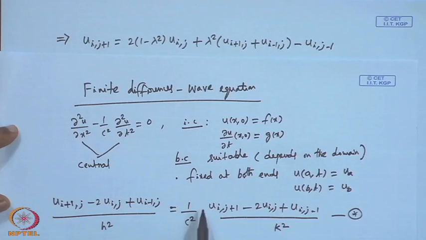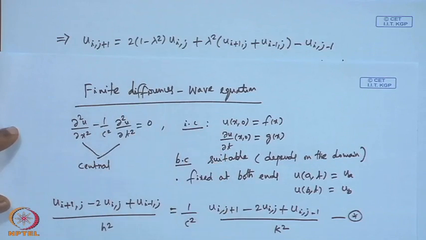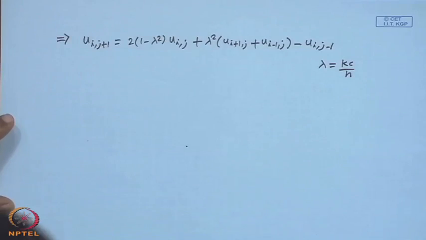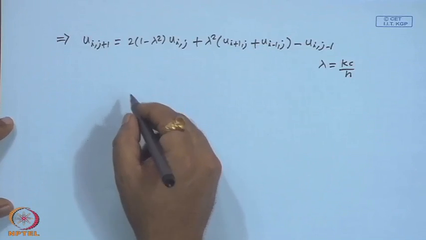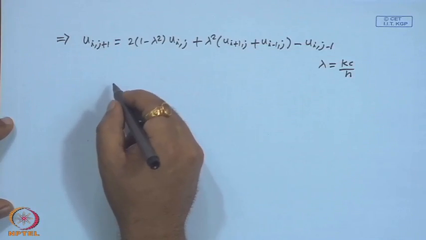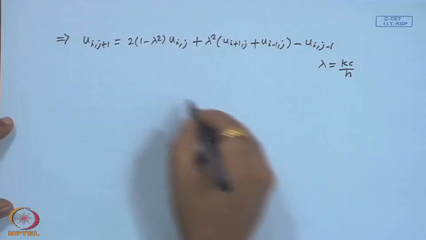When we take this h square, h by c k is 1 over lambda, so accordingly that got adjusted. c square by k square comes here, so c k by h whole square, which is lambda square, and then we got adjusted. The remark here is that the coefficients are as follows.